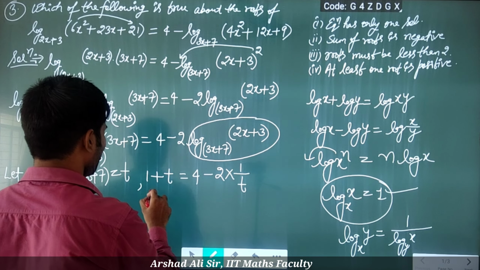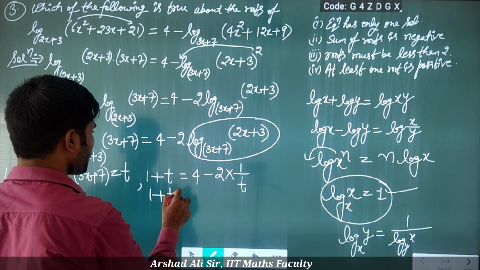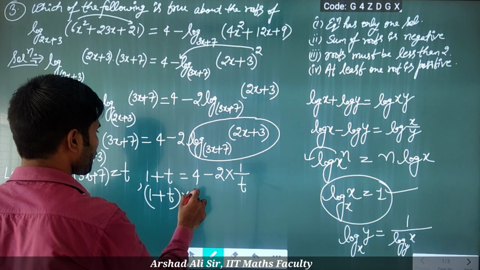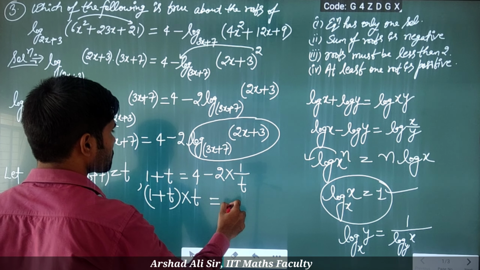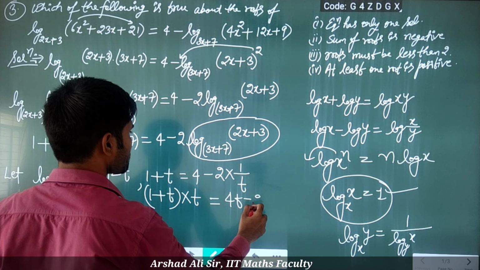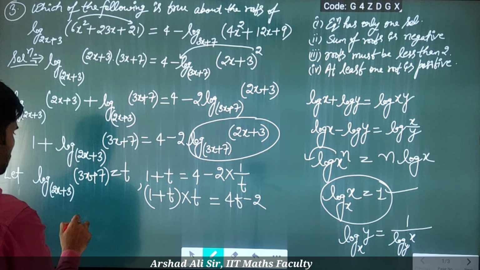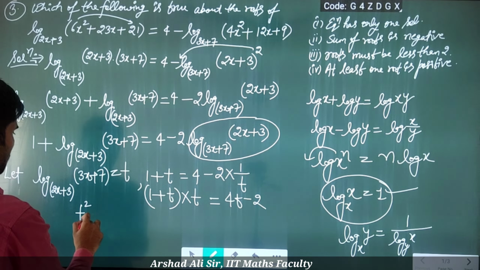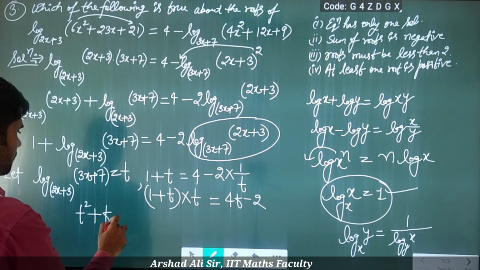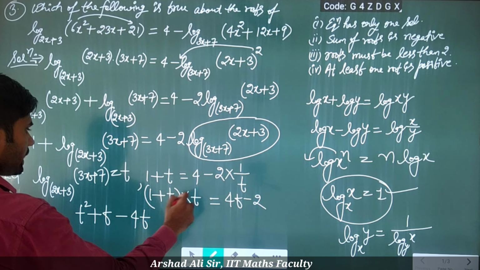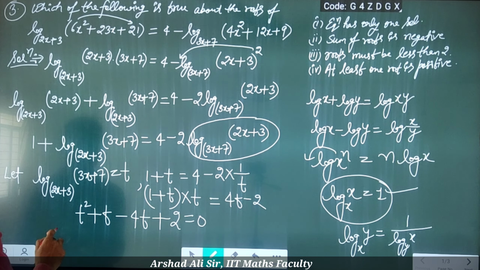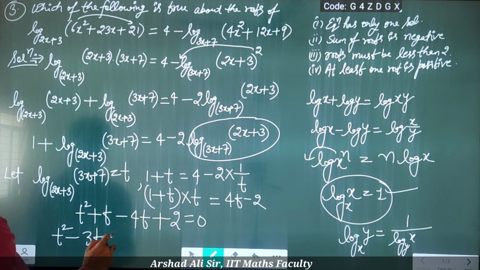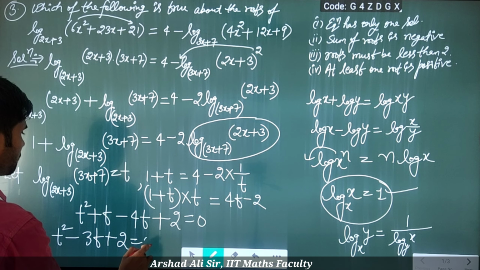Here 1 plus t multiply t, and here we have 4t minus 2, so it will be t square plus t minus 4t, and plus 2 equal to 0. So it will be t square minus 3t plus 2 equal to 0.